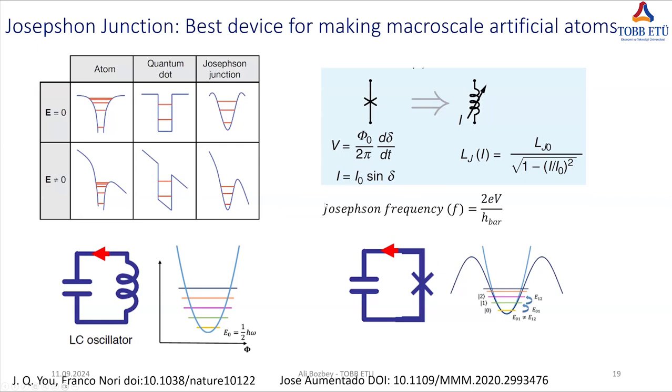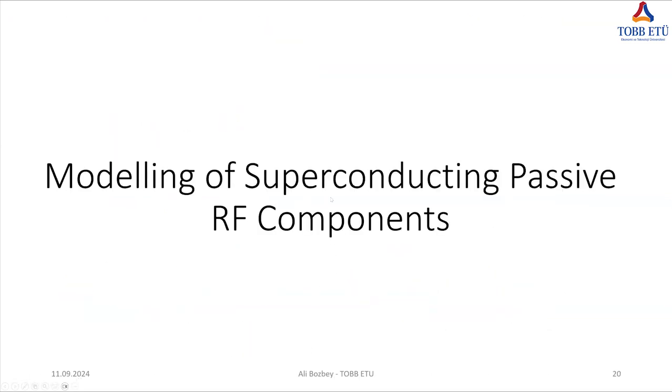In the next step, when we design superconducting RF devices, one critical element is the Josephson junction, but the other critical elements are the inductors and transmission lines.